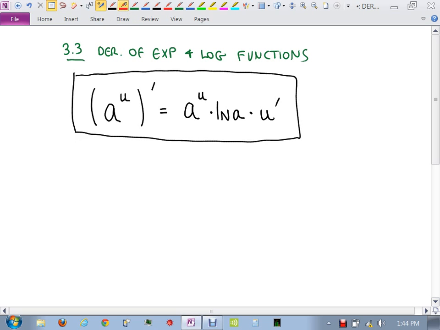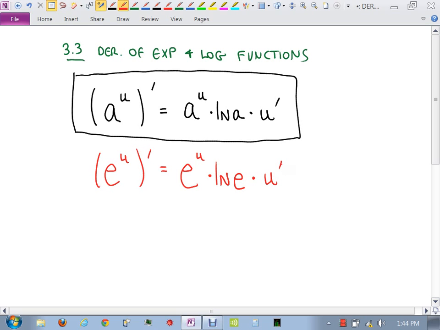Now there's a special case when that a is e. Now e is a very special number, right? If this is e to the u, then the derivative of e to the u is itself times natural log of e times u prime.